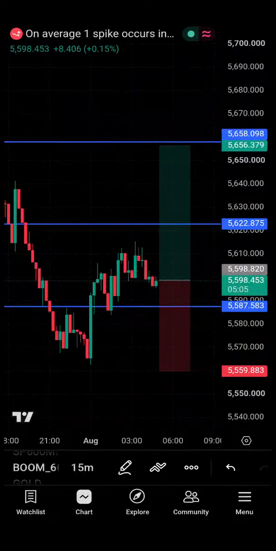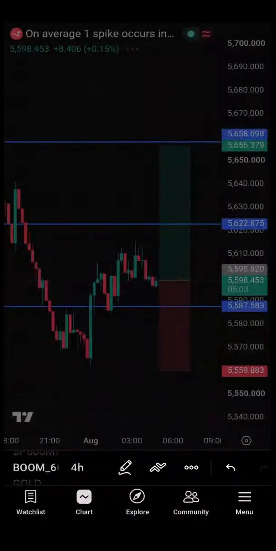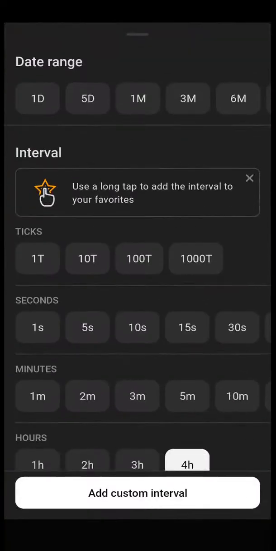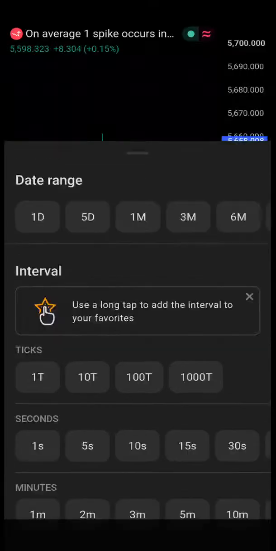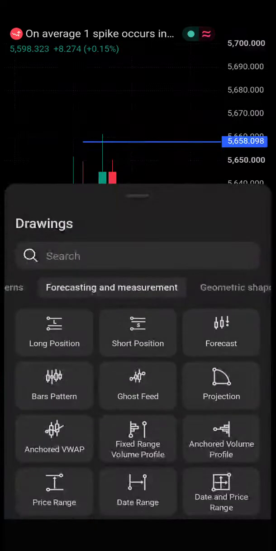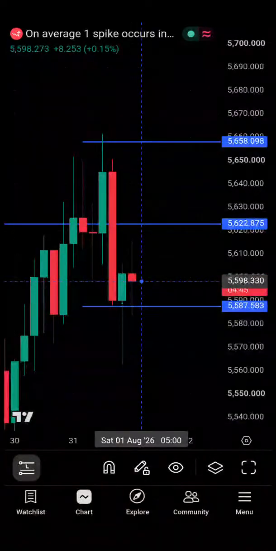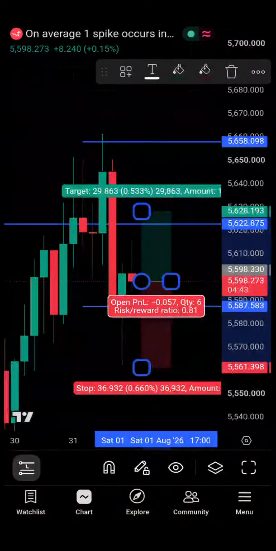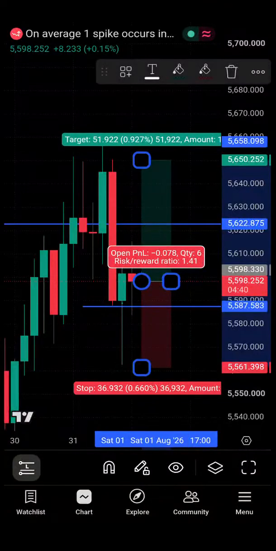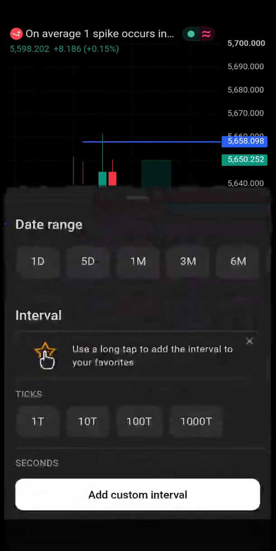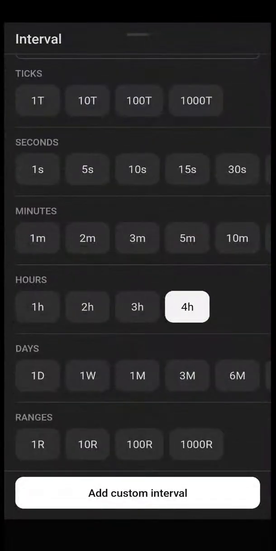Since we are looking for confirmations for this CRT that we see on the 4-hour time frame. Okay. We're looking for confirmation for this CRT.